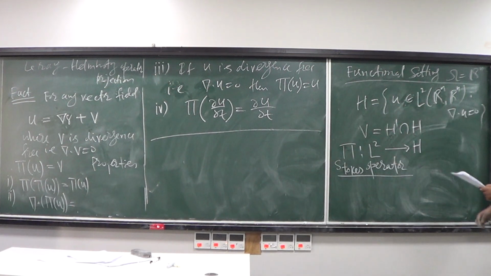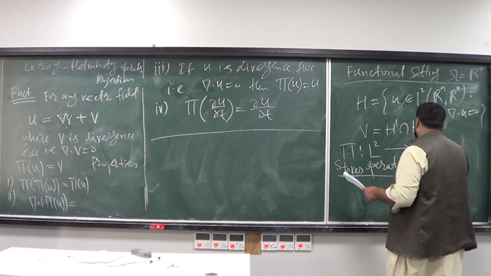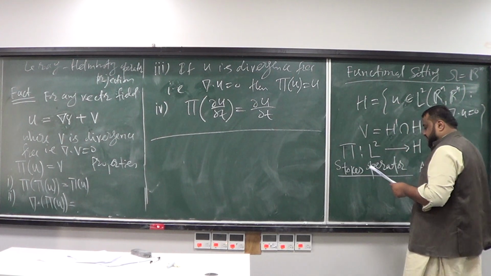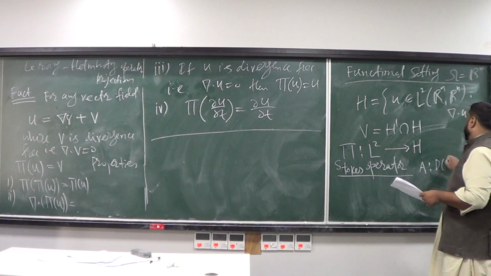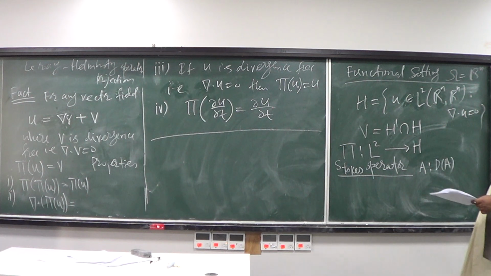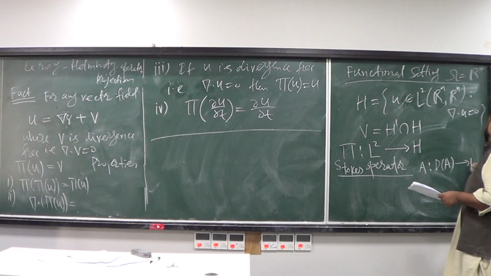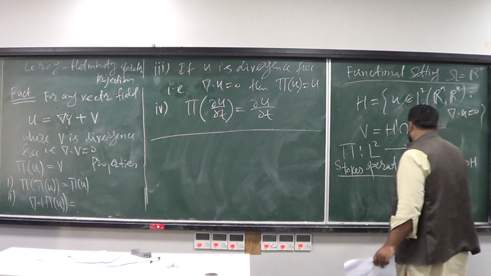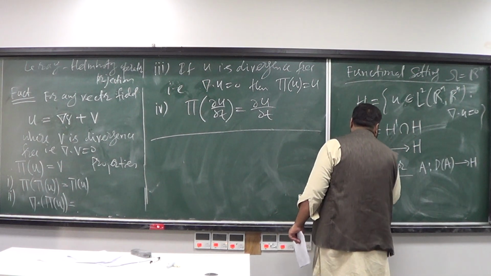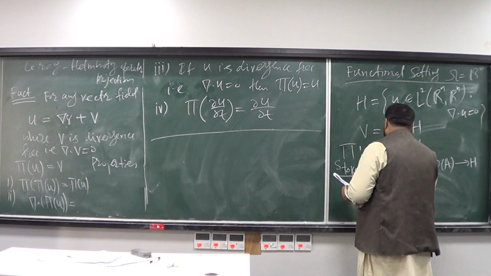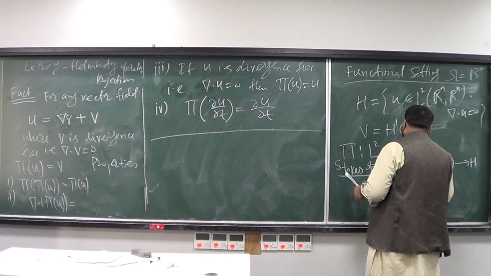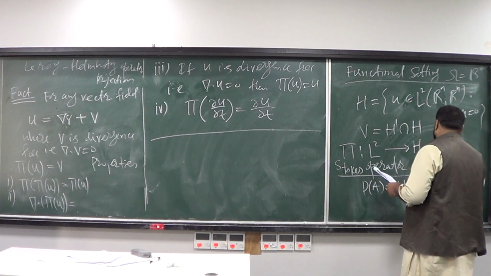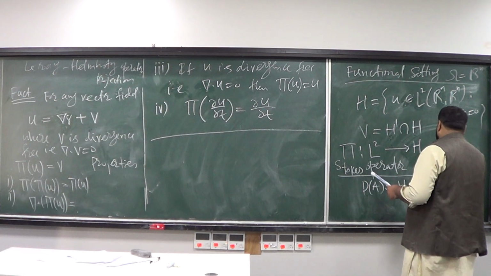So the Stokes operator, I'm denoting it by A. It's an operator A which swallows a value from the domain of A and spits out a divergence free vector field, where the domain of A is H intersection H2 of say R2.